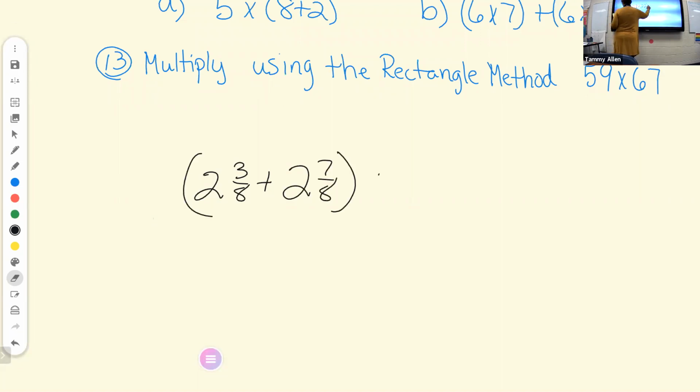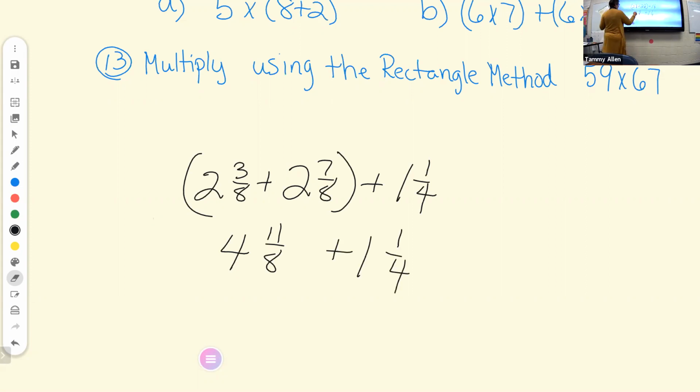And then you added 1 1/4. This gives us 4 and 11/8, right? Plus 1 1/4. Okay, this here would give us 5 and 3/8. Would you agree with that, Ezra? Do I need to show you more work to get there? No, I just like to find out about it. So you understand what you did wrong? Yeah. Okay, all right.